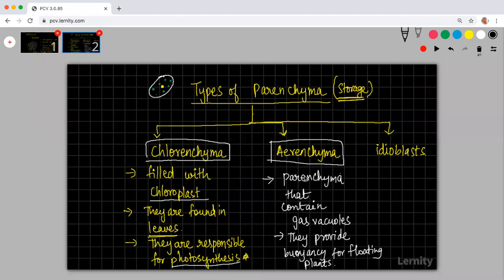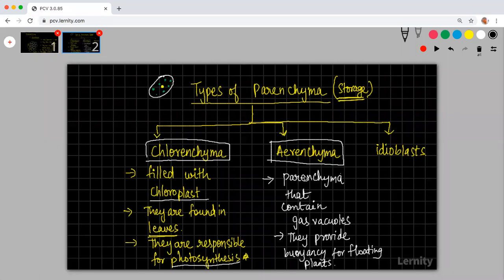So you have lotus and all. Lotus is all floating. Similarly, you have different kinds of smaller plants which can float in water. Whichever plant is to be floating will have lots of aerenchyma in it.